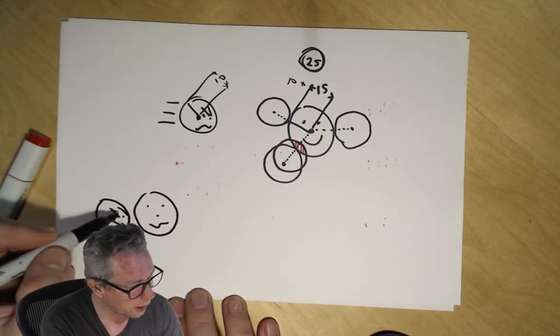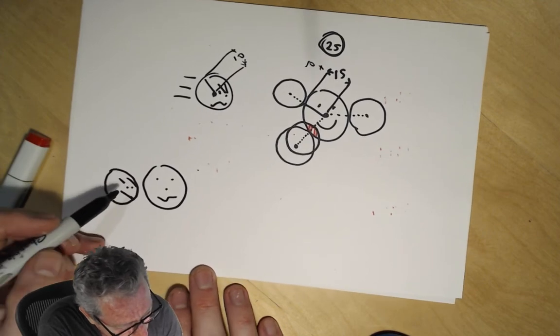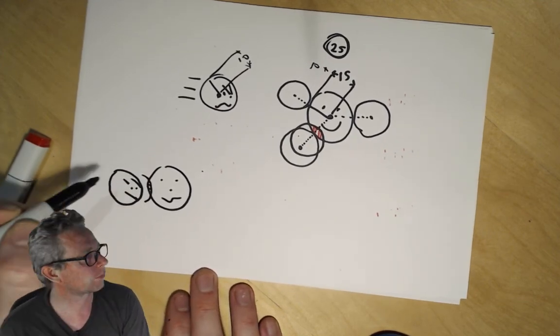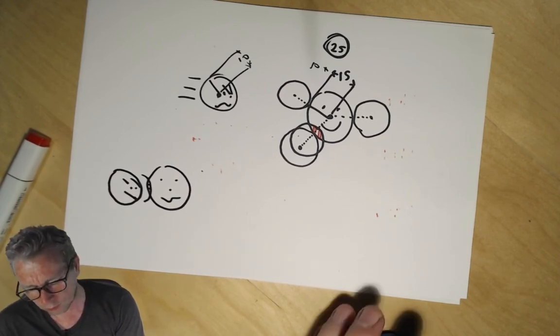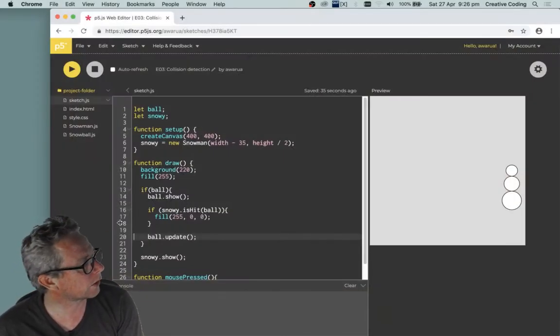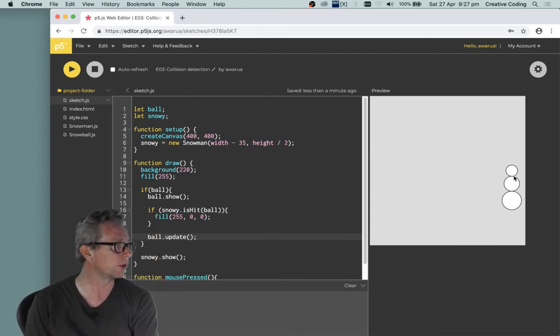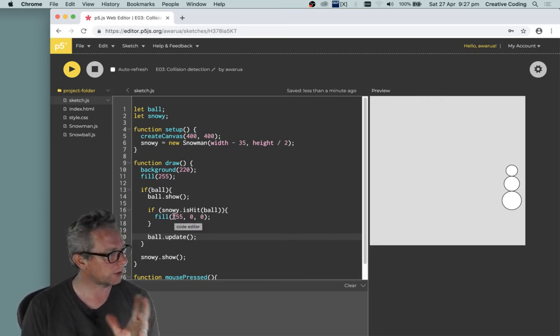But then after updating, they are overlapping. So you could get a situation where on the screen what's shown is a frame of animation where they're not overlapping, but the snowman actually goes red. So the order here is a little bit interesting. It's worth thinking about.